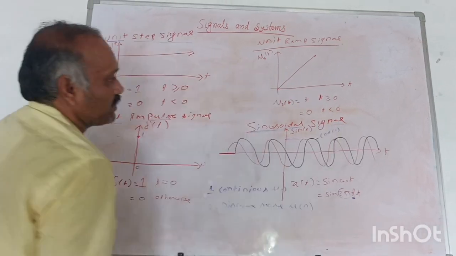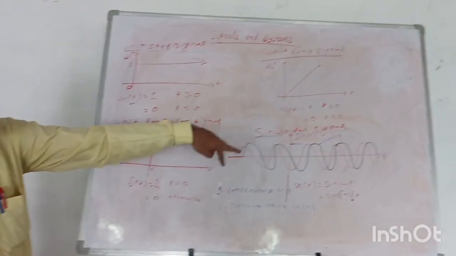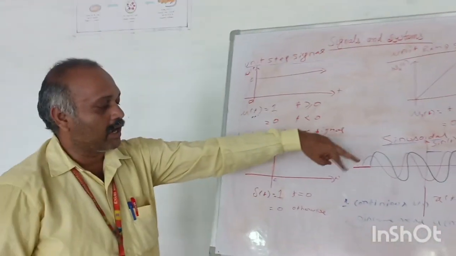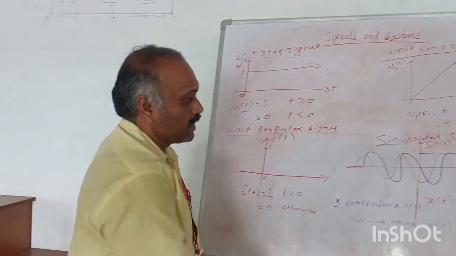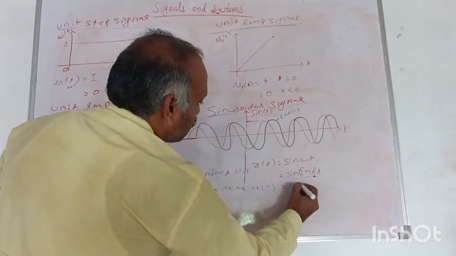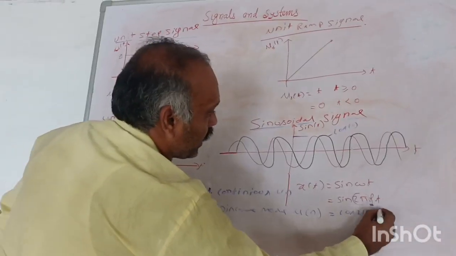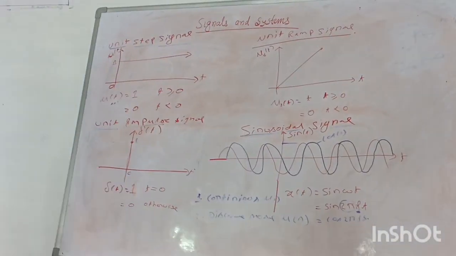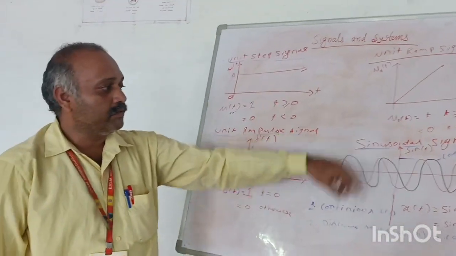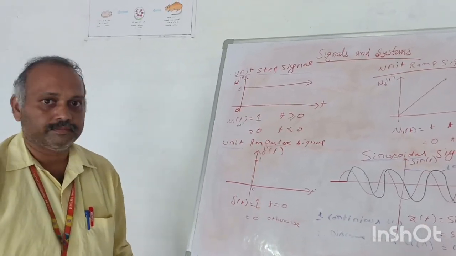You see the basic difference between sin of t and cos of t is that they are 90 degrees out of phase. We can say cos 2 pi f t has only a 90 degrees phase difference.